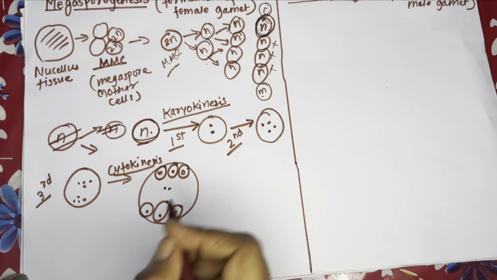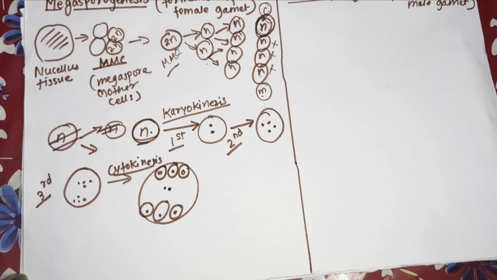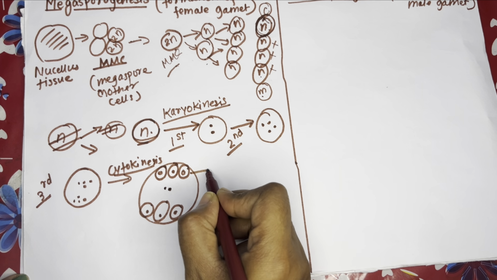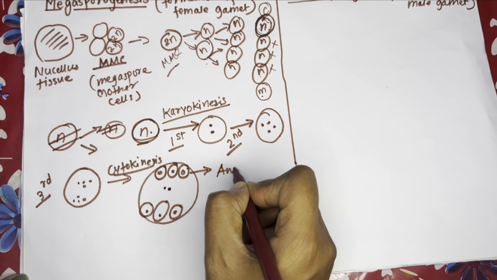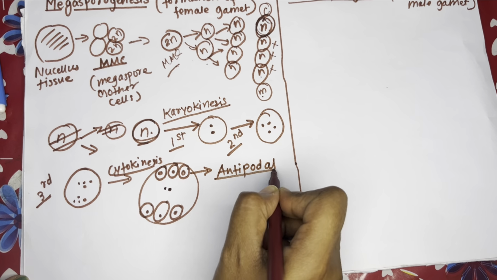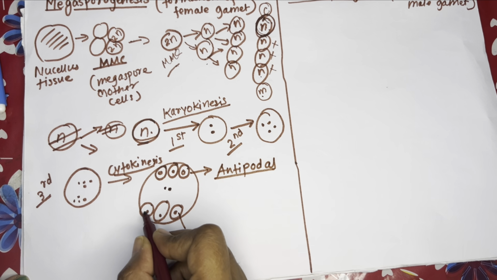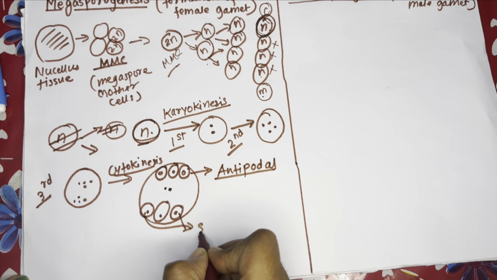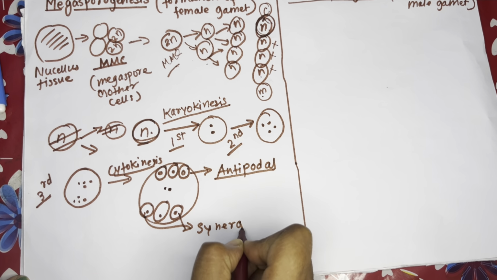Okay, these 2 nuclei will be called polar nuclei. They are naked. They are not covered by any cell layer. The upper 3 cells will be called antipodal cells. The lower, this cell and this cell, these 2 cells will be called synergids.